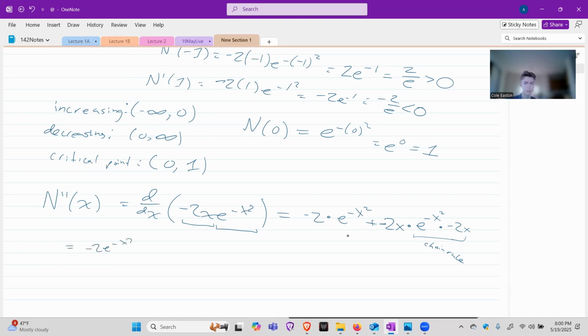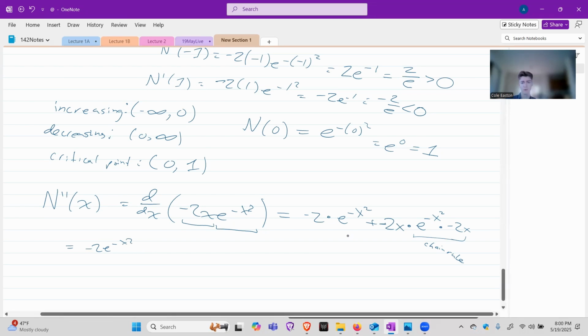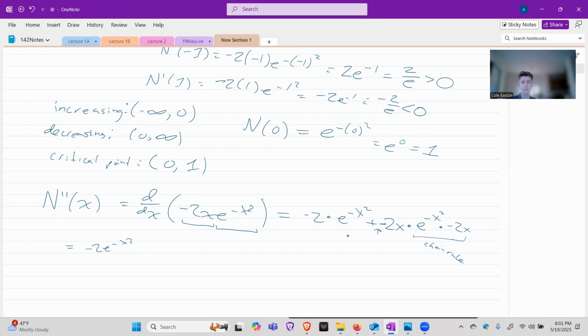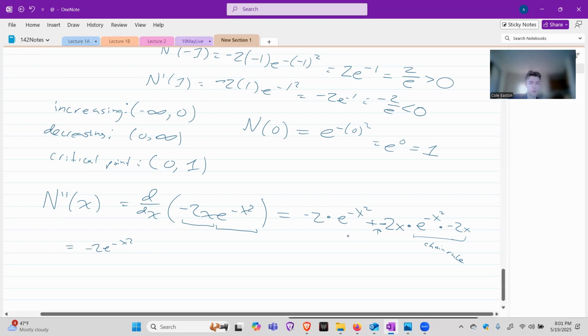-2e to the -x squared minus, oh wait, it's actually going to be plus because I have two minuses in this factor. I have a minus right here and I have a minus right here. So those are actually going to cancel and I'm going to end up with a plus.